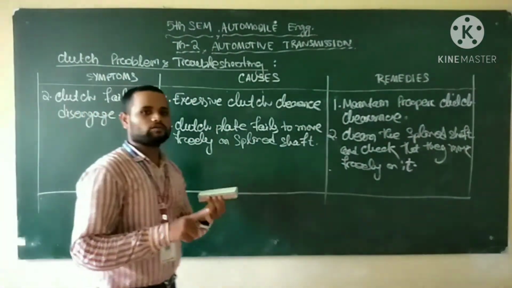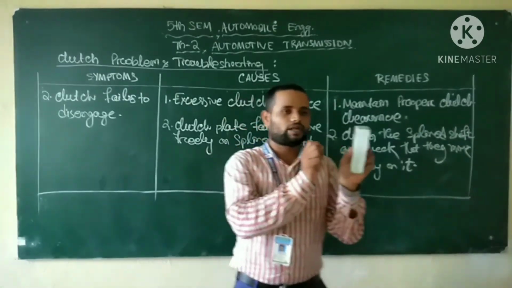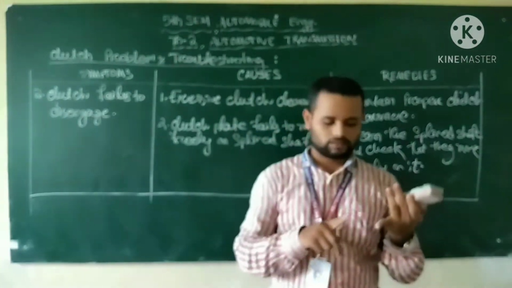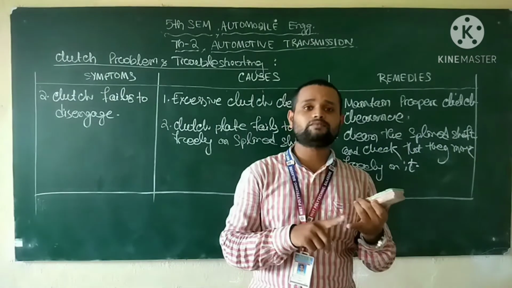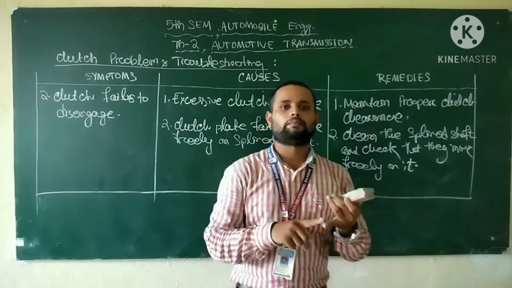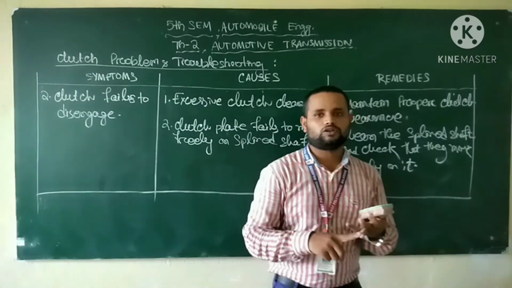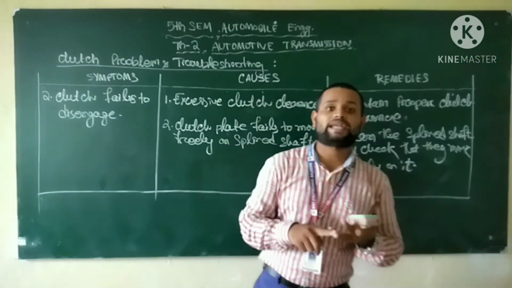So the second symptom of clutch problem is that the clutch fails to disengage. That means it will not be able to separate. So what are the causes? The first cause is excessive clutch clearance, and the remedy is maintain proper clearance. Second is the clutch plate not being able to move freely on the spline shaft.